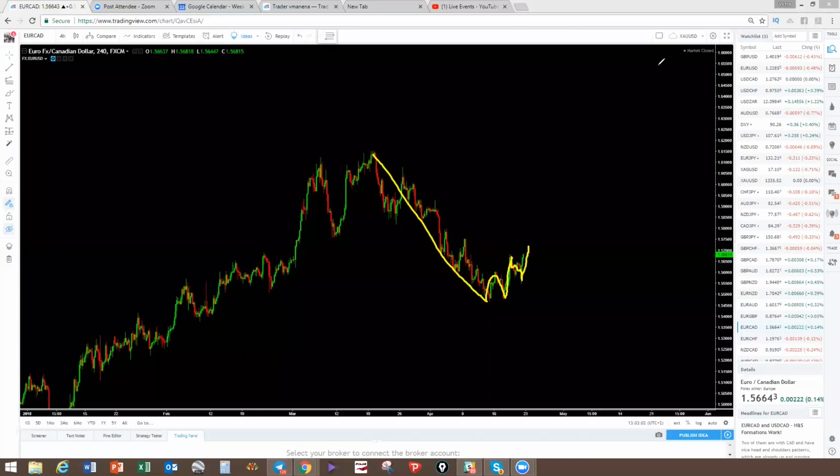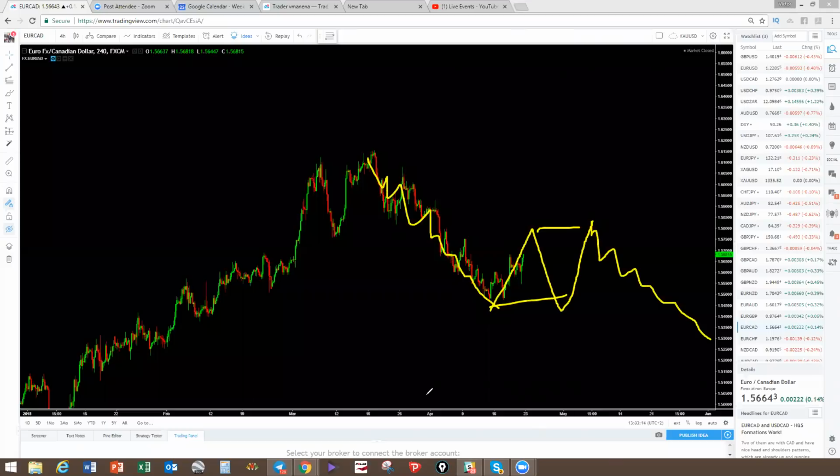But overall, this structure could do something like this, a bigger structure, and if it makes a bigger structure, then you're going to get this move here. You're going to get it similarly here. So keep an eye on this one. It's not very tradable at this stage because this one was not very aggressive, even if we sold this one, but now it's making this one. So this one will still break to the downside.